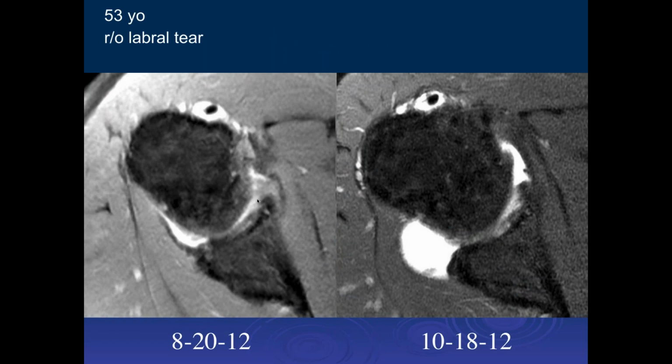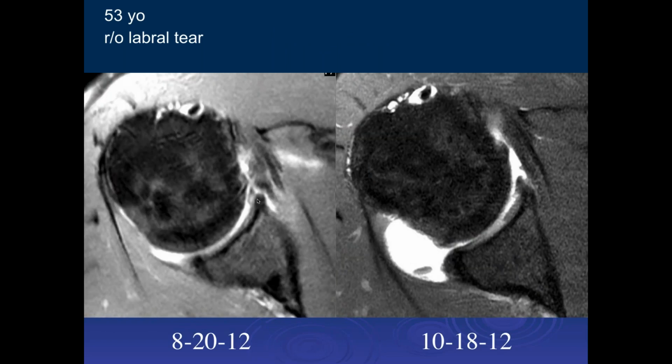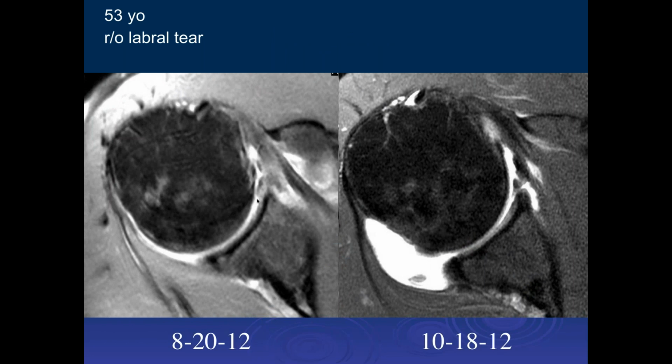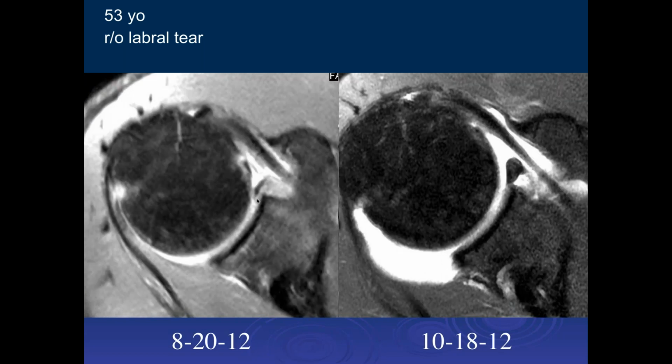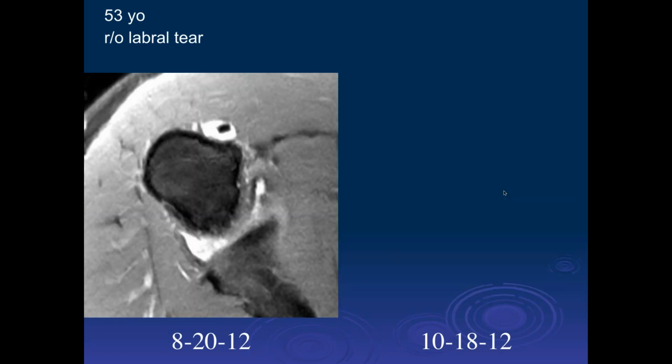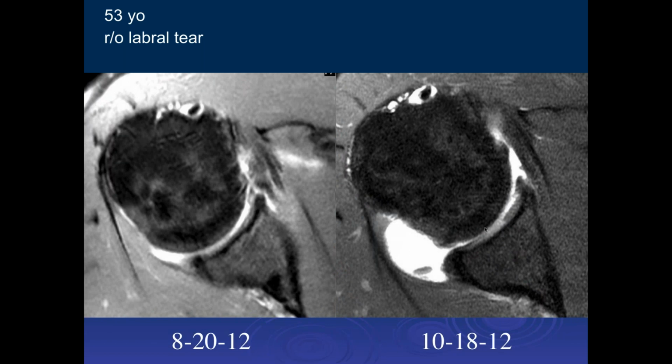This is an arthrogram. What do you think of the arthrogram? So yeah, there's a little structure anterior to the glenoid rim, which I don't think is the anterior labrum. So that might just be the anterior band, and that linear. Got a little loose body back here as well.